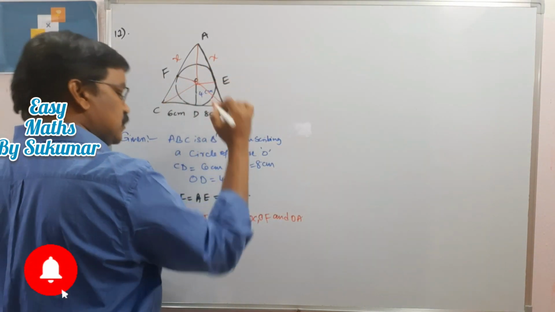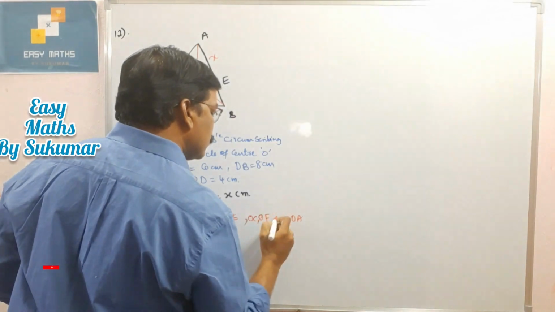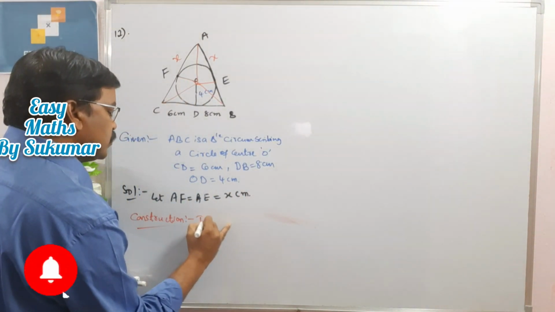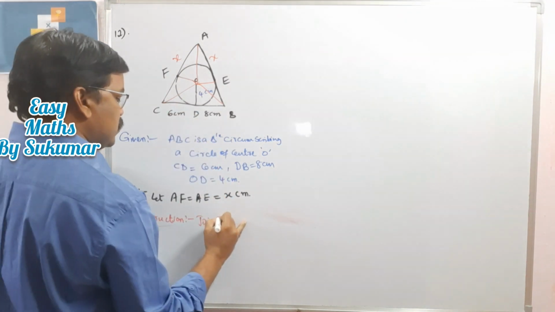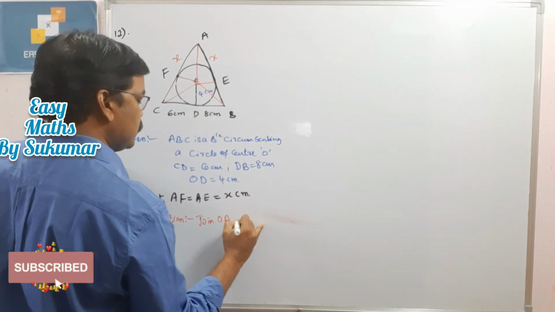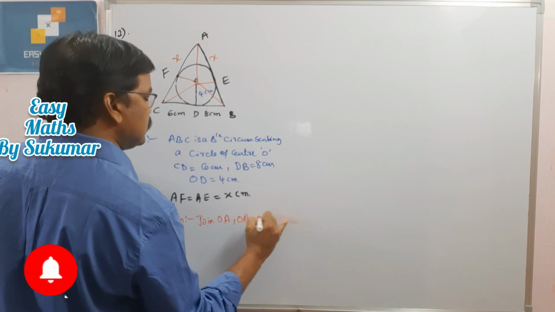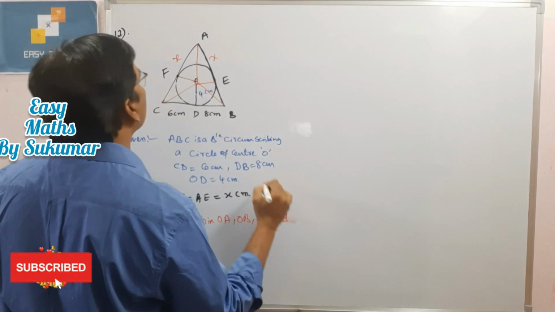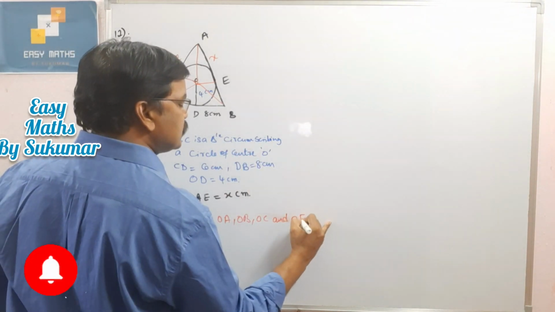Here this OB also. Again I will write: join OA, OB, OC, OE and OF. OD is already given.